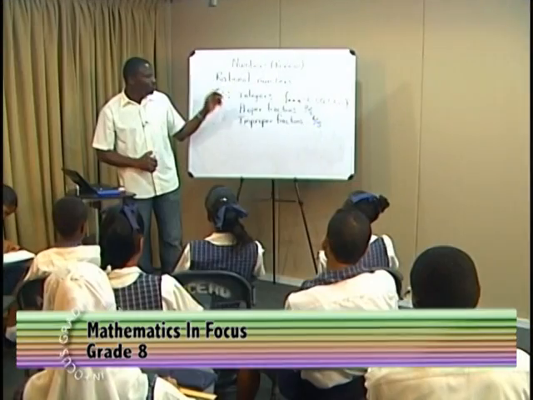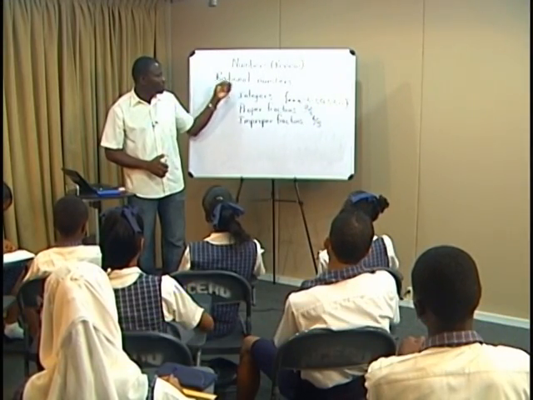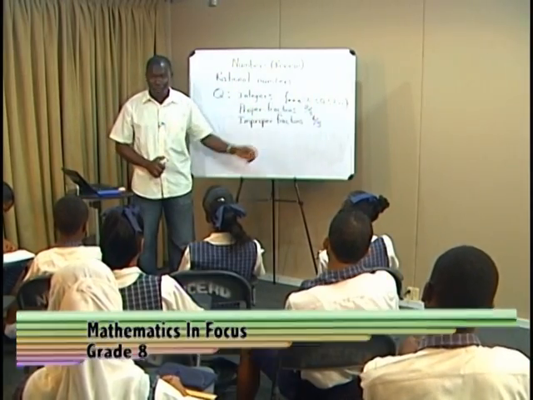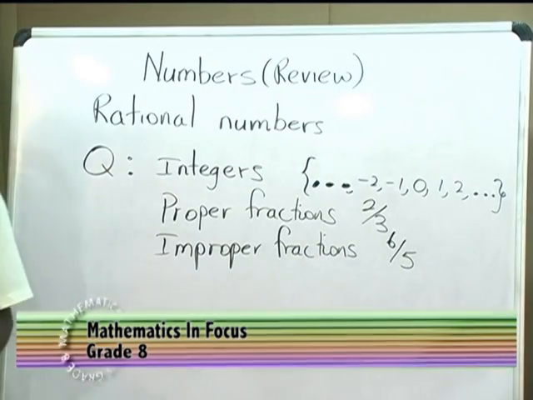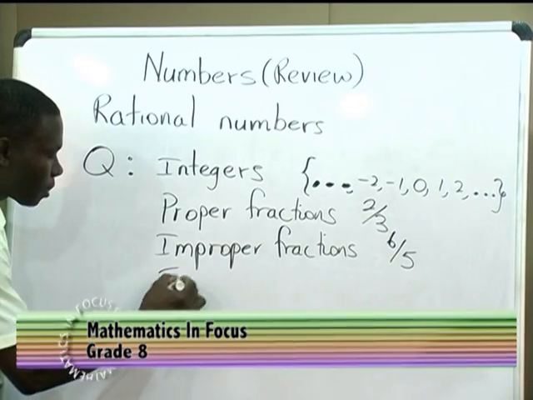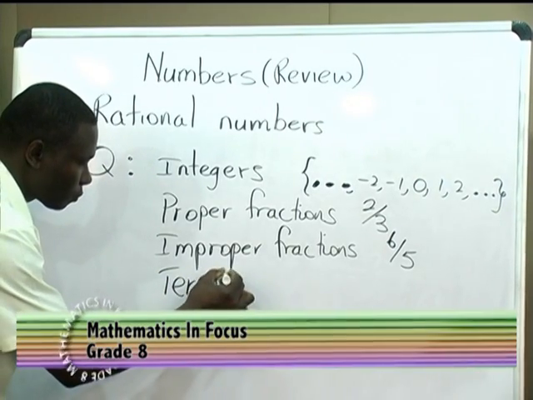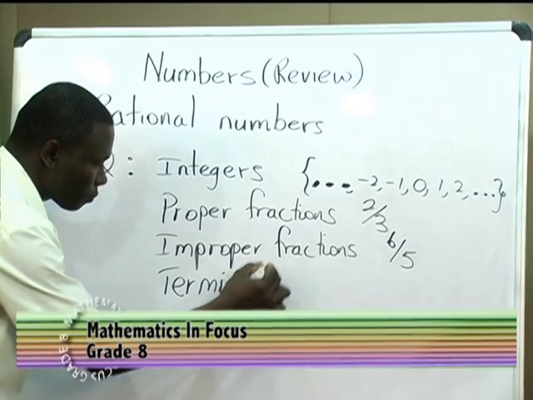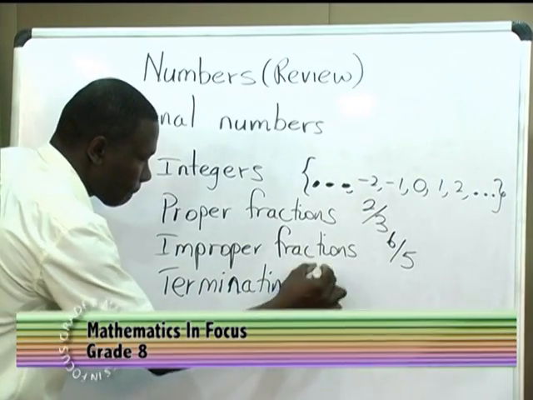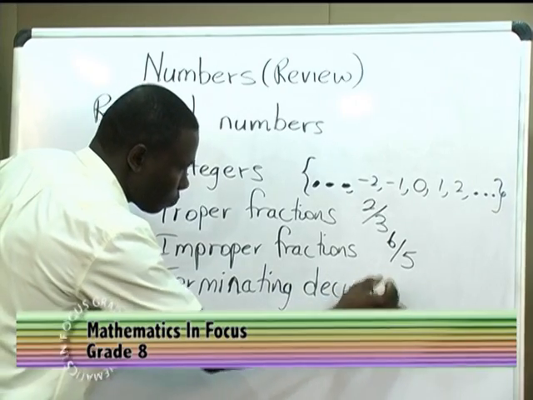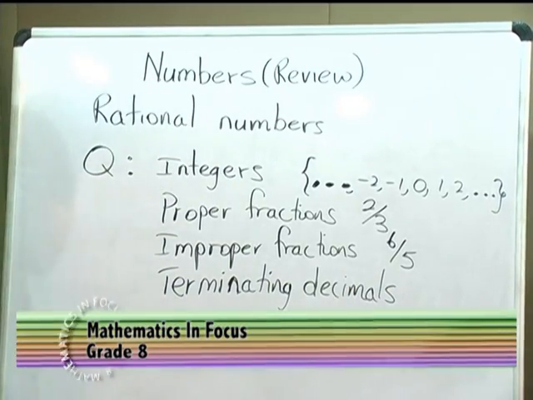But then not only are rational numbers fractions, or can be expressed as fractions, how else can we express rational numbers? Terminating decimals. Yes, we can express rational numbers in terms of decimals. So we can talk about terminating decimals. Can someone give an example of terminating decimals?